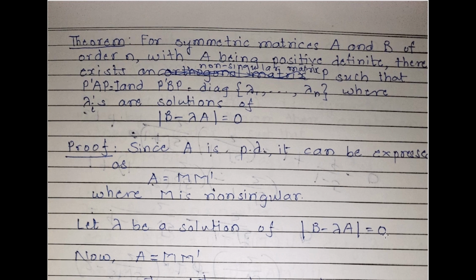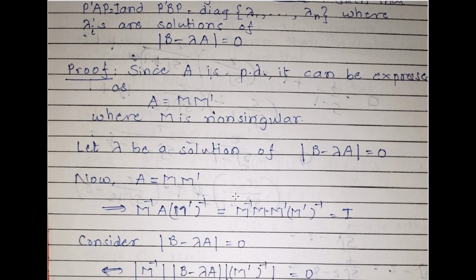So the first hint towards the proof is this decomposition of A as M M prime. Let us see how to proceed. Because A is M M transpose, pre-multiplying it by M inverse and post-multiplying it by M dash inverse, we get M inverse A M dash inverse equal to M inverse M M prime M dash inverse.